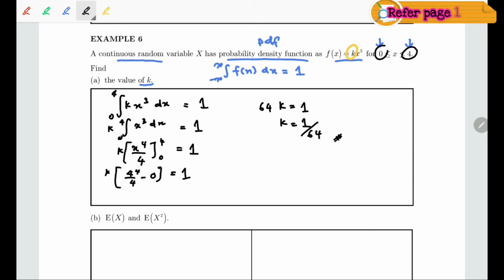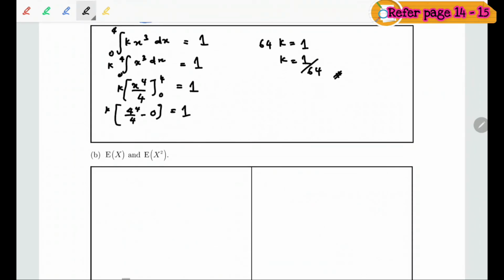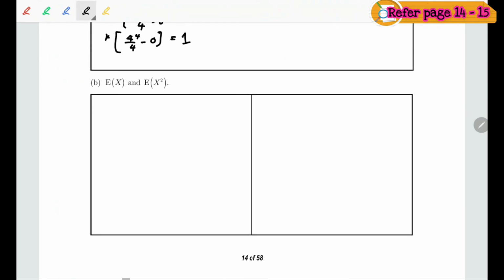So we go for part B. For part B, the question asks to find the expected value of x and the expected value of x squared. We should know that to find the expected value of x, it is the integration of x multiplied with f(x) from the lowest to the uppermost limit.